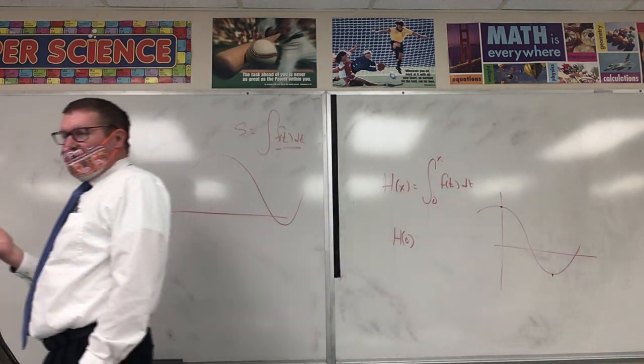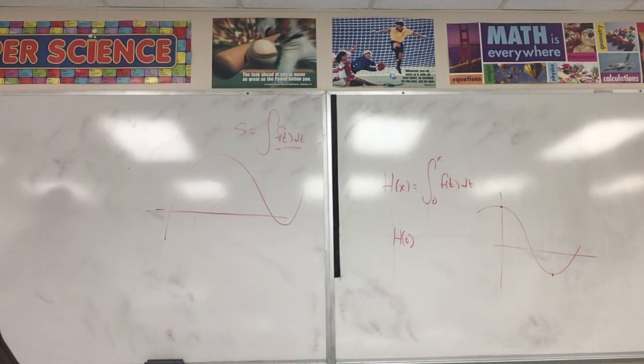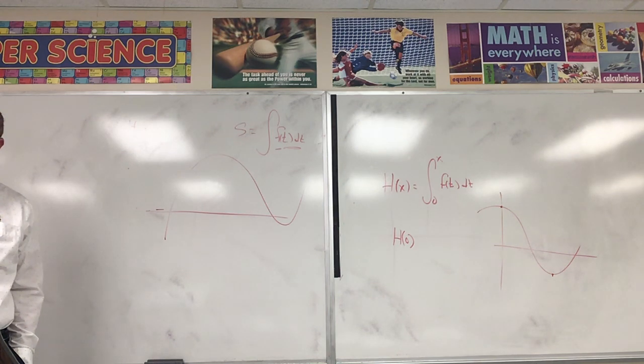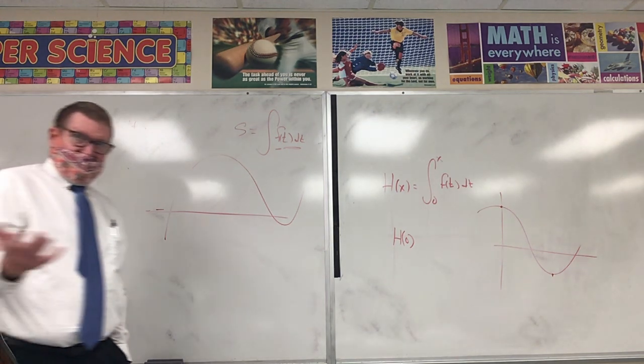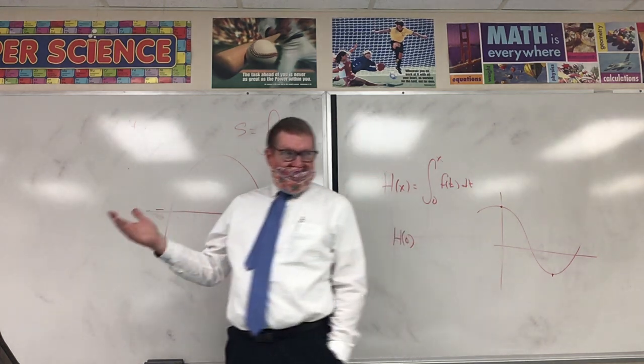Grace, where would you assume the particle started? At 0, correct. Okay. What is the velocity in the beginning? Negative. So what am I doing? If I'm starting at 0 and my velocity is negative, where am I going? I'm going backwards, away from the origin.